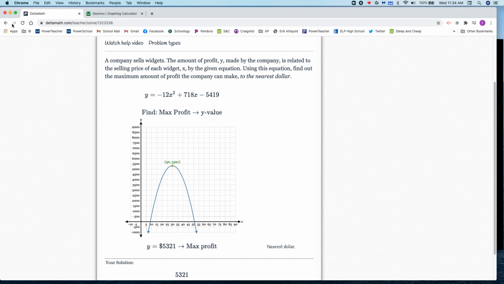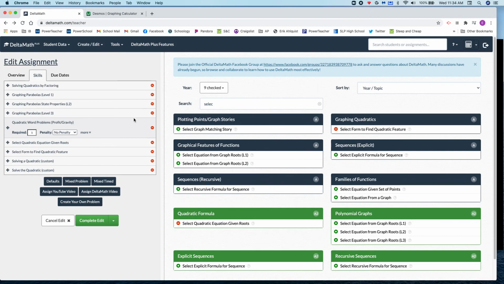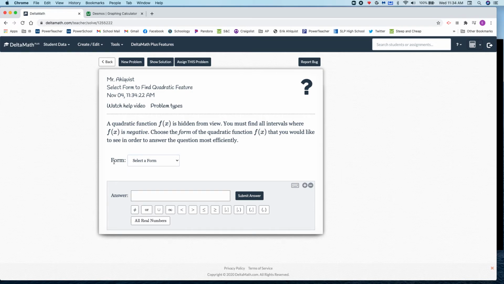Okay, pause that or go back and let's see what I did on that. So let me go back and do one of these where I select the form of the quadratic. Okay, find all the intervals where f is negative. Well, if I'm trying to figure out when f of x, or that's a y value, is negative, I would love to know where those roots are.